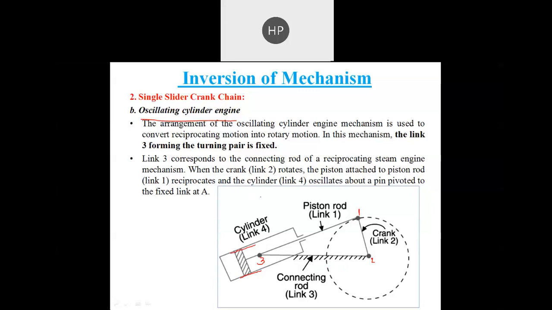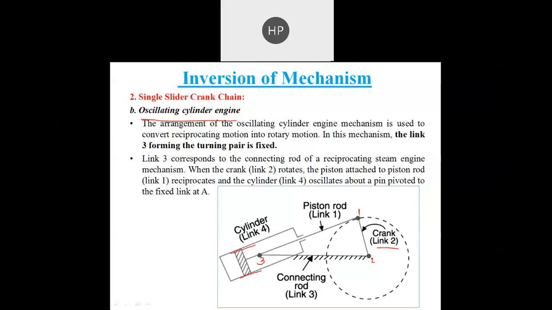So the link 3 corresponds to the connecting rod of a reciprocating steam engine mechanism here, while link 2 is a crank, and as crank 2 rotates, the piston is attached to the piston rod.